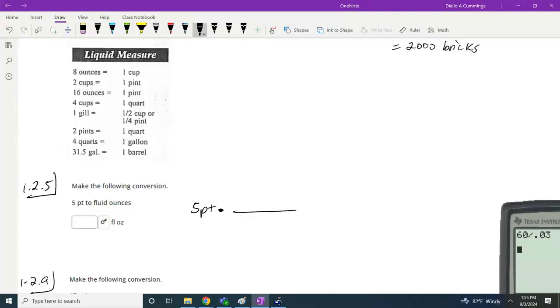So I'm simply going to make a unit fraction. I'm going to put pints in the denominator, and I'm going to put ounces in the numerator. I'm going to write out my conversion: 1 pint is 16 ounces.